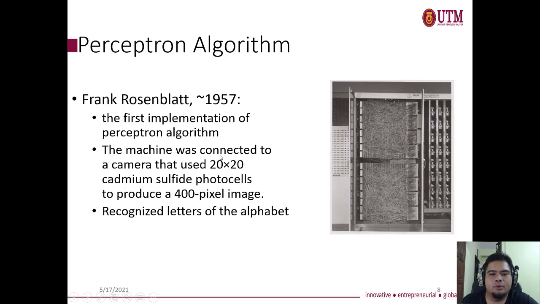The input of this learning machine is an image of a letter, in the size of 400 pixels, or 20 times 20, and it will keep learning. That image represents many alphabets, and the computer will learn and recognize each alphabet based on the given image in the size of 20 times 20 pixels.